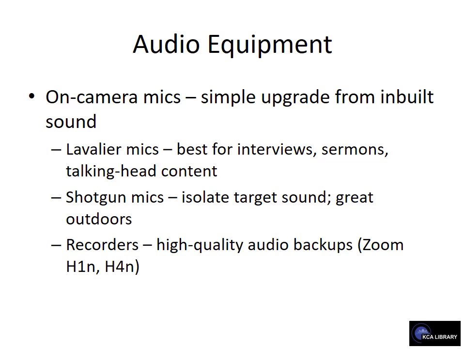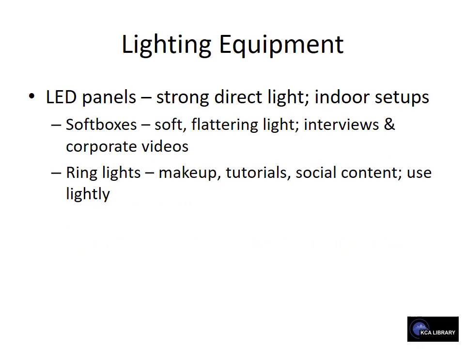So you have the lavalier mics, which is best for interviews, sermons, and talking head content. Then you have the shotgun mics. It helps you to isolate target sound, and it's great for outdoors. Then you have the recorders, which is good for high quality audio backups.